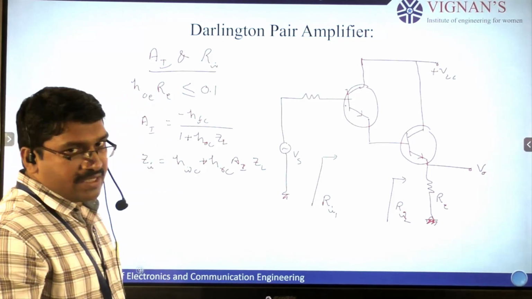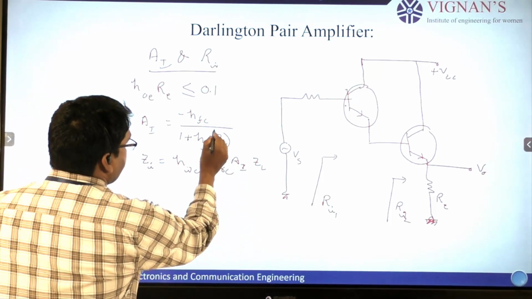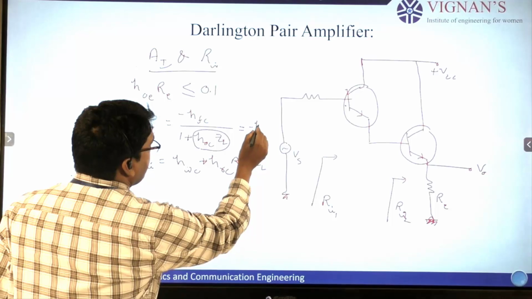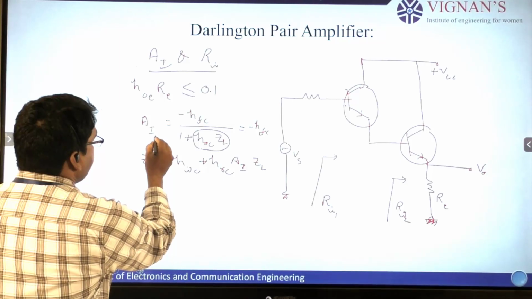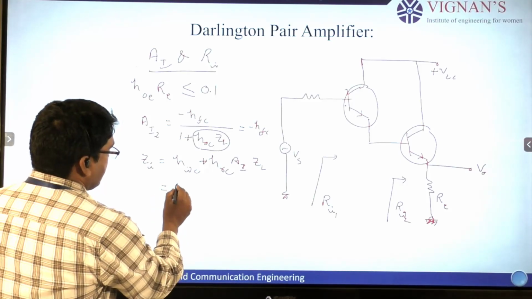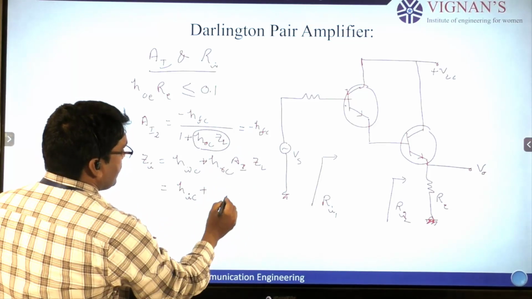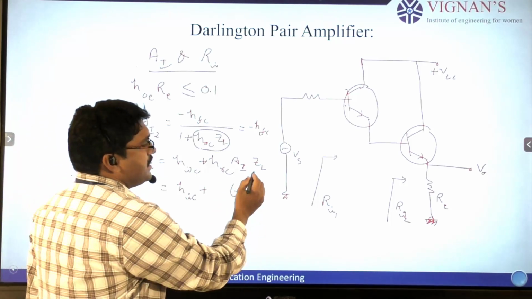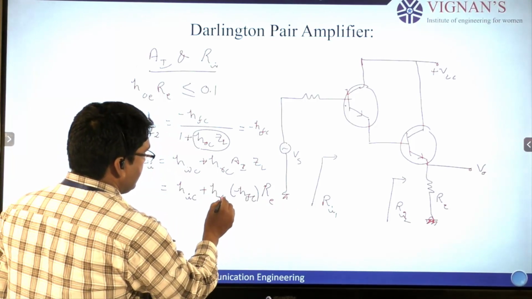When approximate analysis is valid, we can neglect the h0c ZL term. So the current gain of the CC amplifier is going to be minus hfc. This is AI2, the current gain of the second stage. Coming to input resistance, this is hic plus AI, which we can substitute as minus hfc, and ZL is Re, hrc as it is.